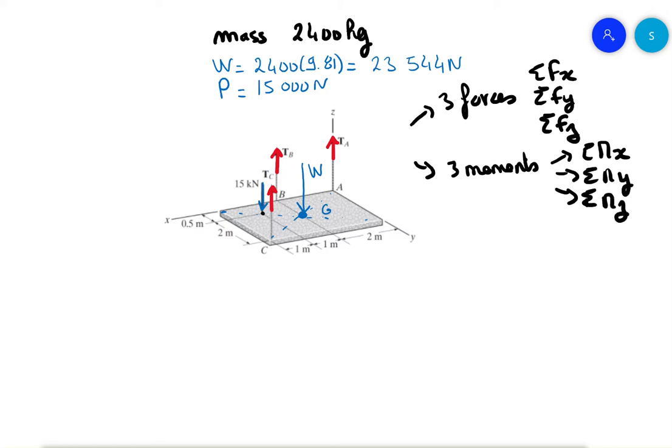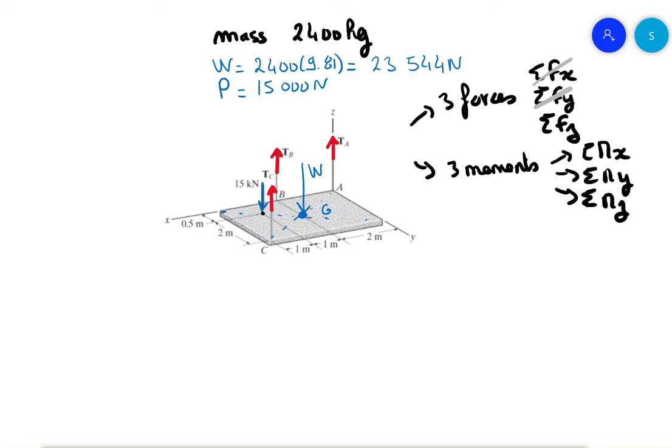Okay, we will try to be strategic with the equation that we use to solve one at a time. Okay, so first, force on X, force on Y, we don't have any force on X, force on Y. If we write the equation for force on Z, we have three unknown. So that will not help us to solve any equation yet.